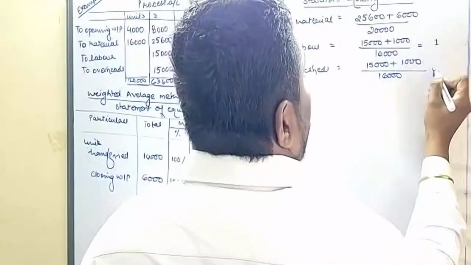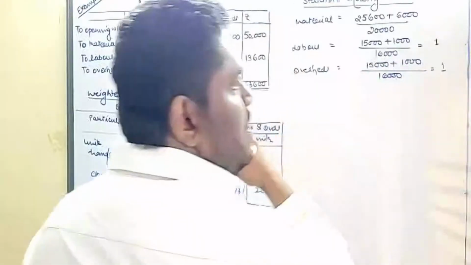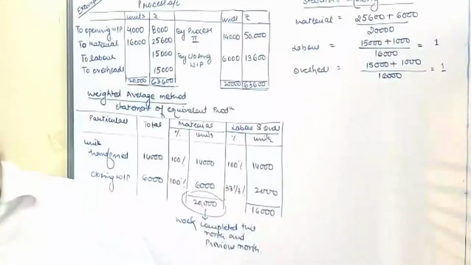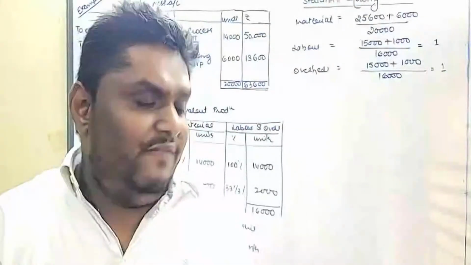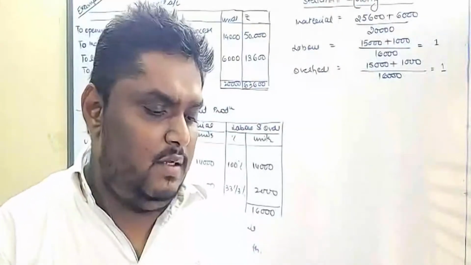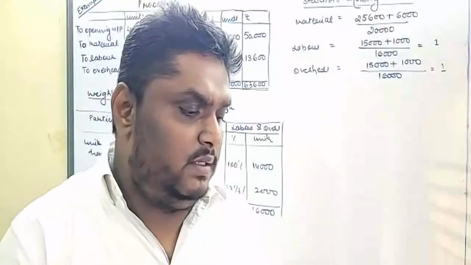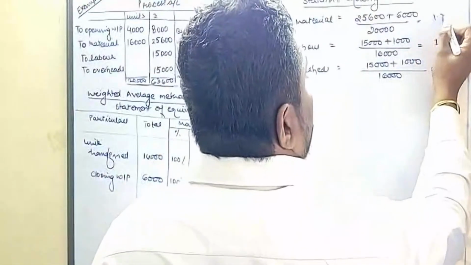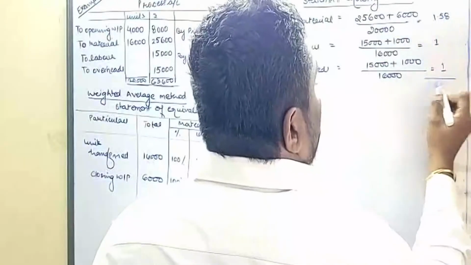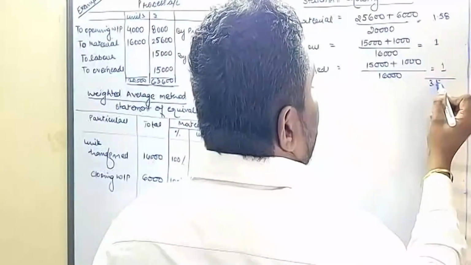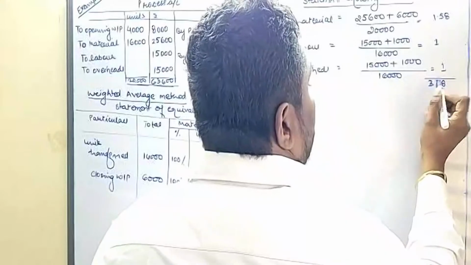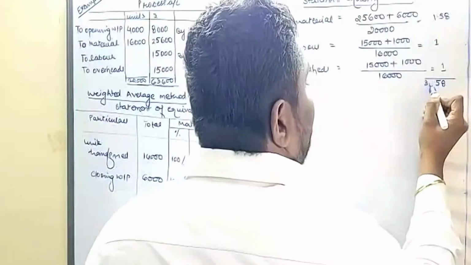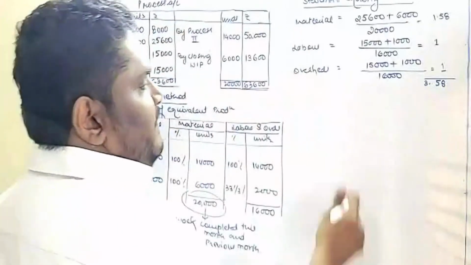So this will be 1, this will be 1, and this will be 25,600 plus 6,000 divided by 20,000. So this will be 1.58. So the total cost will be 3.58. The weighted average cost will be 3.58.